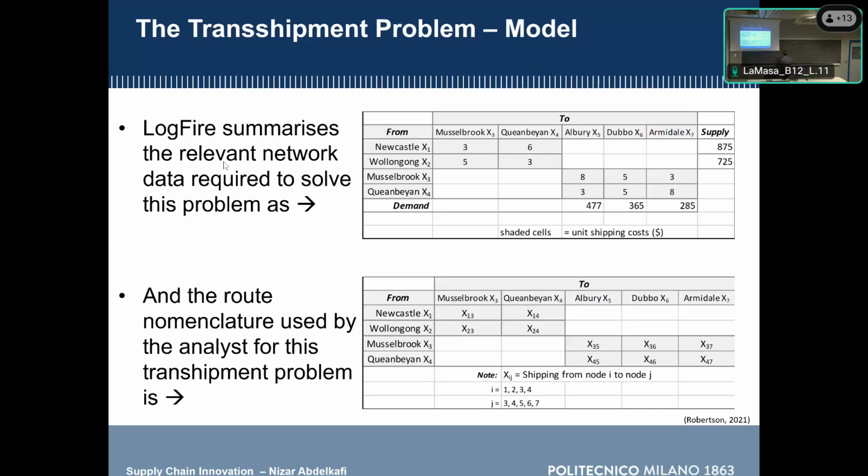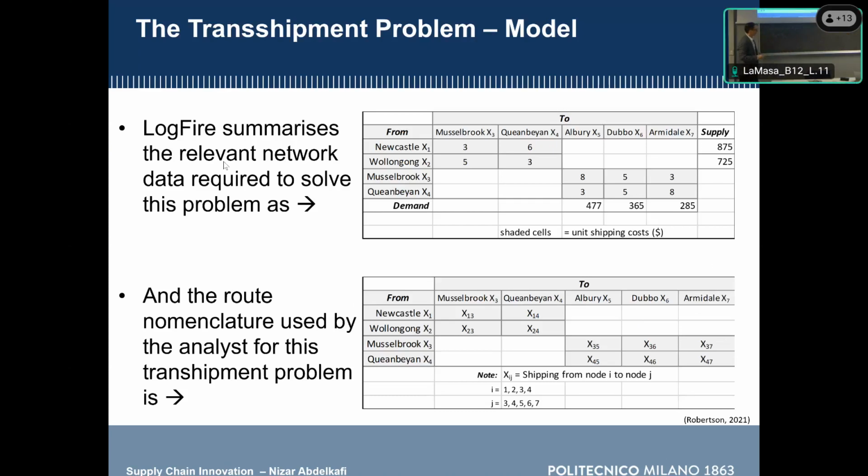It means at the transshipment point, we have x13 plus x23 is equal to, or we can do it also like this.